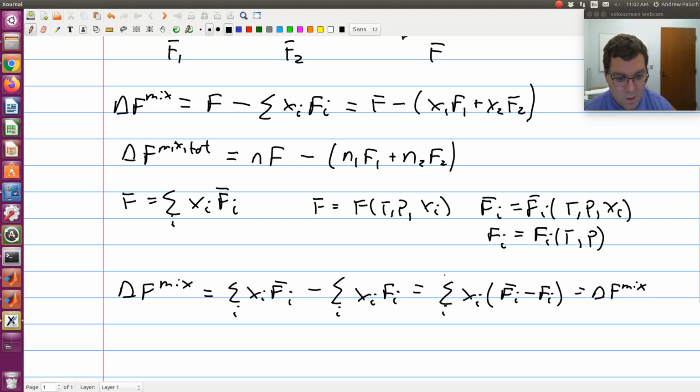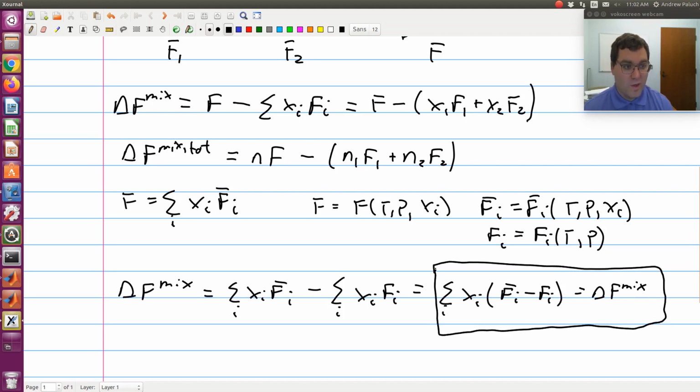Conceptually, I really like this definition. Why? Well, delta F of mixing is a kind of departure term. It accounts for the fact that molecule 1 interacts with molecule 2 differently than it interacts with itself. Partial molar properties are effective Fs due to component i in my mixture.